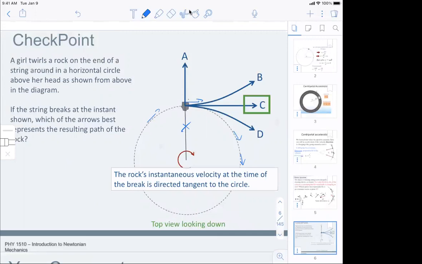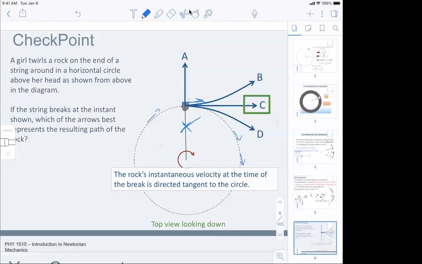The direction of velocity is changing all the time. If you don't have this acceleration provided, the rock is just gonna keep that velocity because that's the velocity it has at that moment. So without the acceleration, the rock is going to follow a trajectory that looks like C, because that is the velocity at that instant, which is tangential to the trajectory.